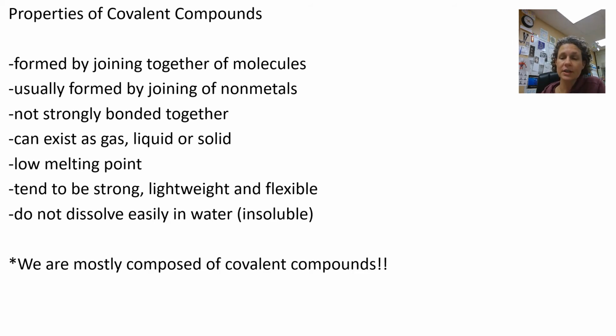They have low melting points typically. They tend to be very strong physically, but lightweight and flexible. And then they don't dissolve easily in water, which sounds like these two are contradicting each other. They're not strongly bonded together, but they don't dissolve easily in water.